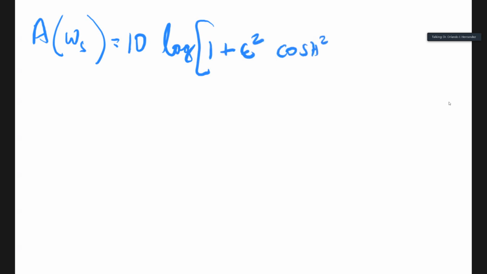And here we have not omega p, but omega s. This is at the bottom of the transition.